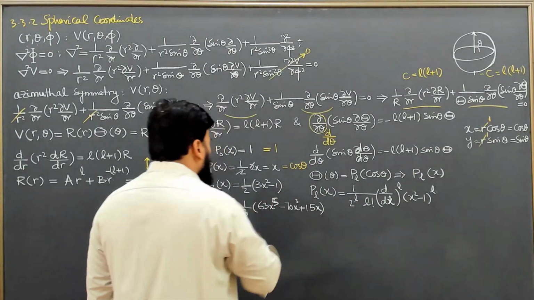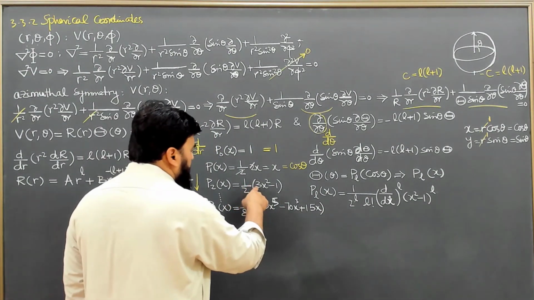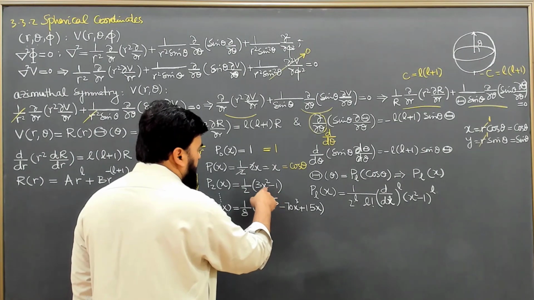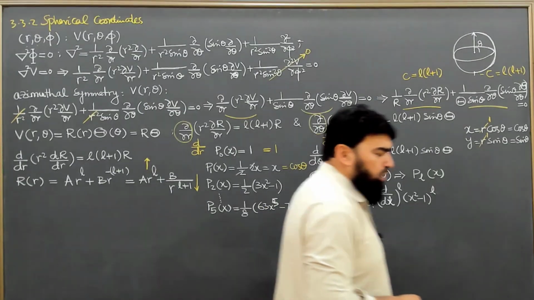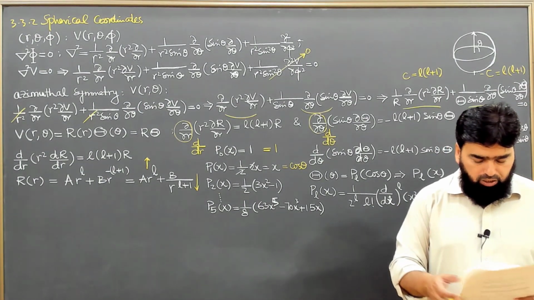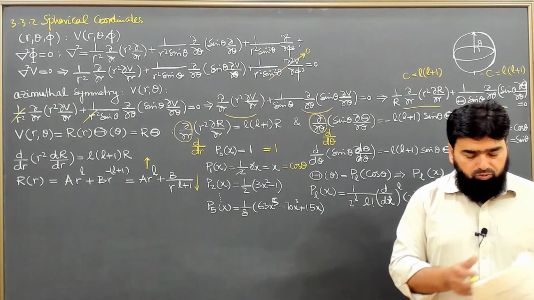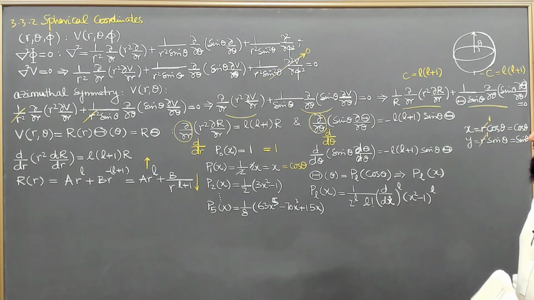Similarly, when this is 3x square minus 1, this is basically 3 cos square theta minus 1, and sometimes we utilize some trigonometric identities to convert this into another form. So this way we have found the solution of the Laplace equation with azimuthal symmetry.